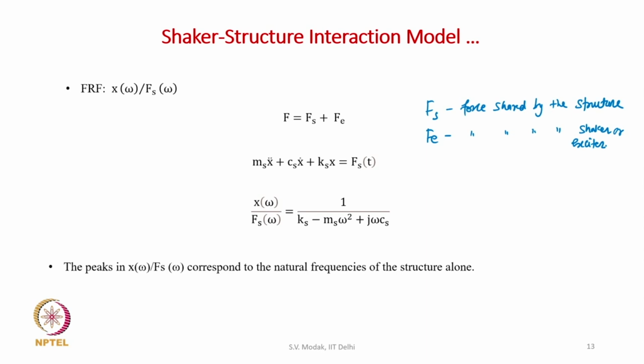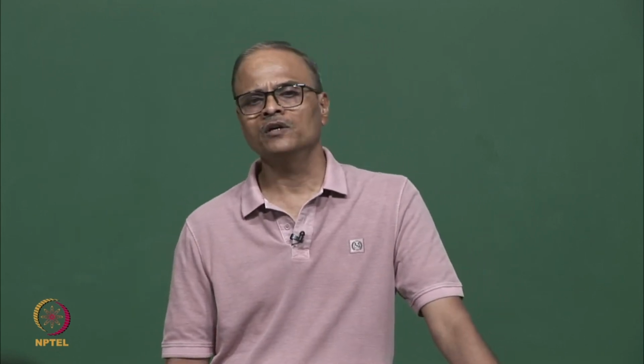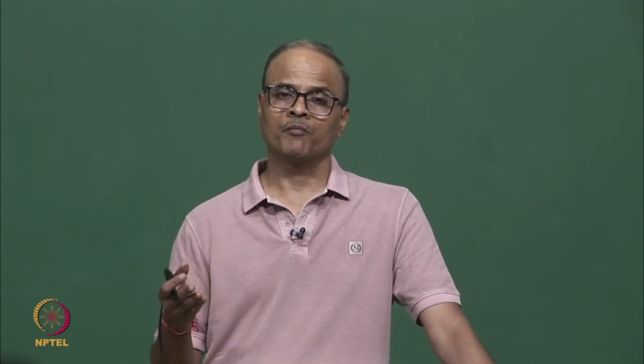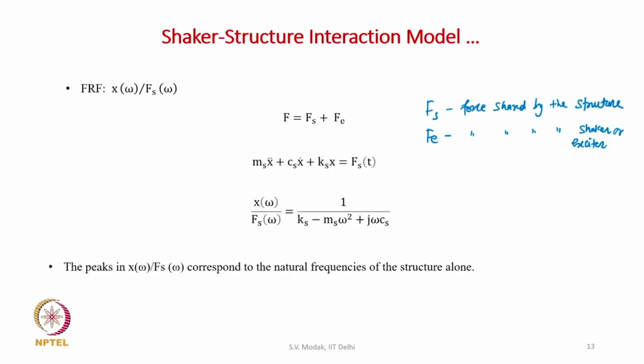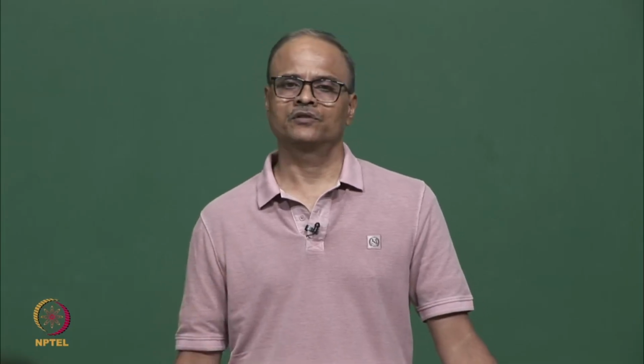So, if we measure this FRF, that is displacement divided by the force shared by the structure, or if we are measuring acceleration, then acceleration of the structure divided by the force shared by the structure. If this FRF we are able to estimate, then the analysis of this FRF would give us an estimate of the natural frequencies or the modal properties of the structure alone. So, this is I think another important conclusion which emerges from this analysis of the shaker structure system, right.